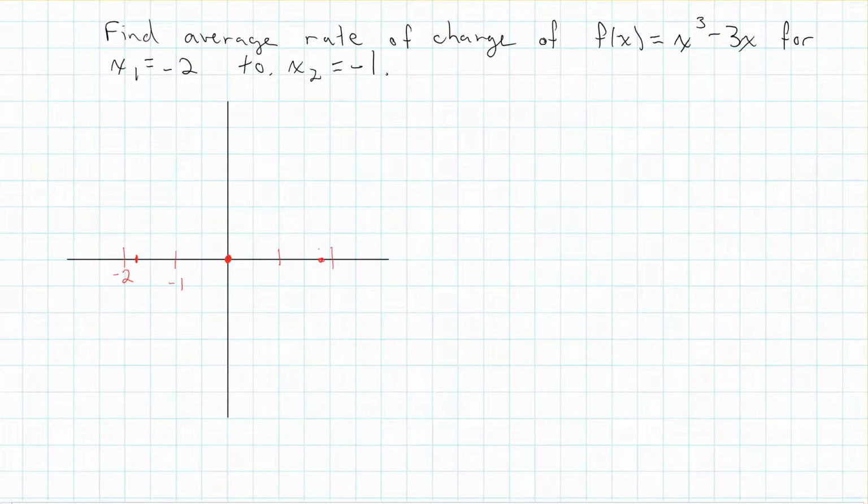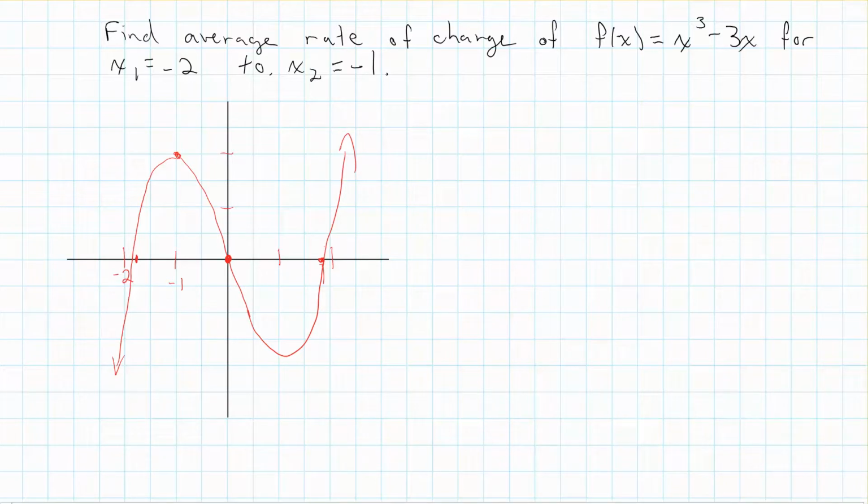And then, let's see here, this point right here. And so I'm going to do my best now to sketch this. It's not very good there. Let me smooth that out a little bit. Okay, so that's a rough sketch of this.